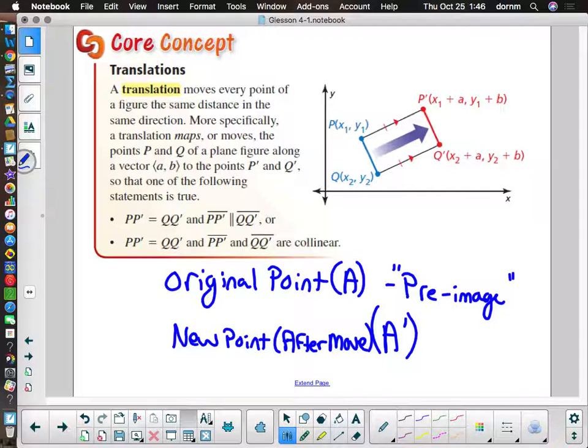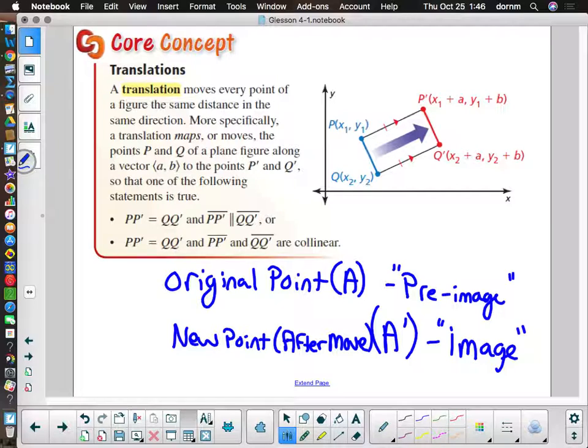Notice you have that little apostrophe there. If you see that little apostrophe, A primed is what we call that. That's an indication that it is a copy of the point after the movement. We call that the image. It's the image of the original. So there is some vocabulary here to deal with. Pre-image and image are pretty important words.